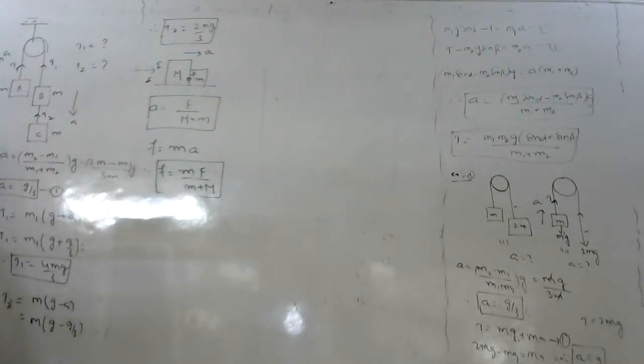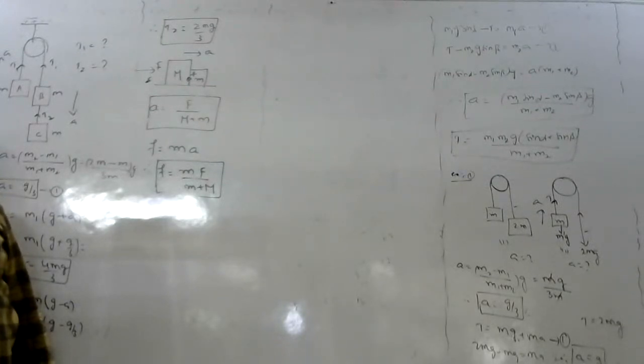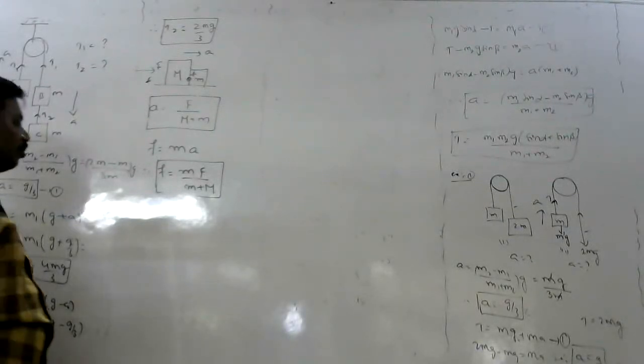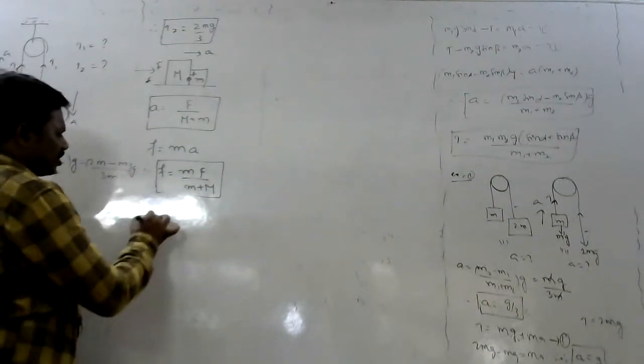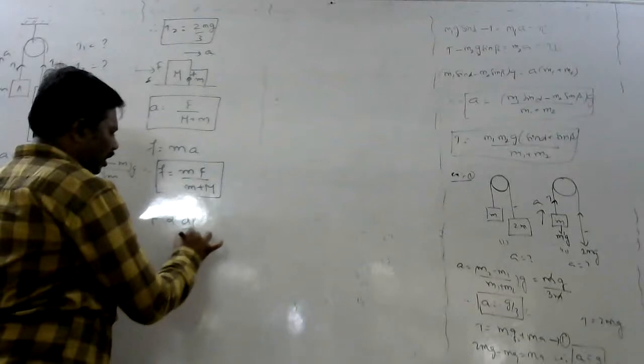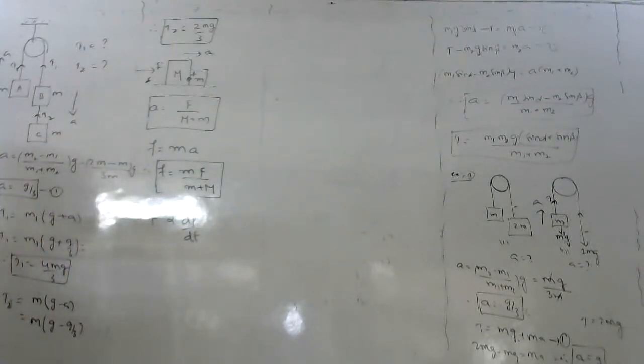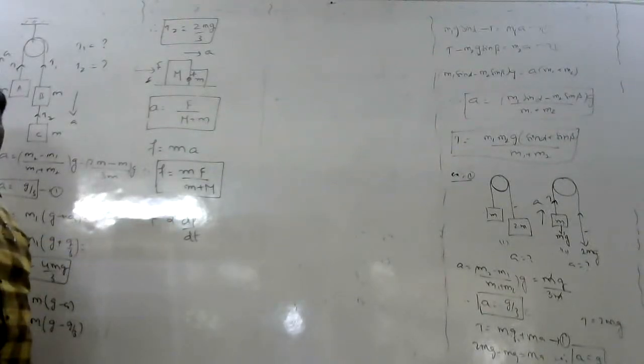Another important topic in laws of motion is the law of conservation of linear momentum. From Newton's second law, rate of change of momentum is directly proportional to external force. F is directly proportional to dp by dt.